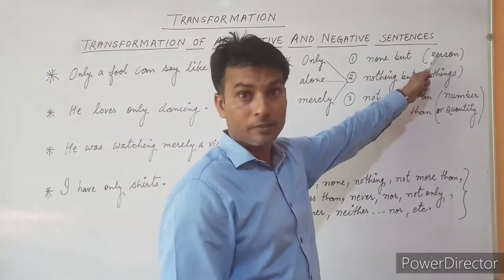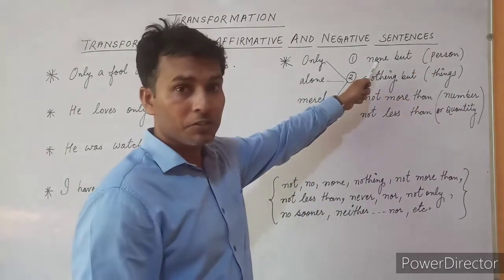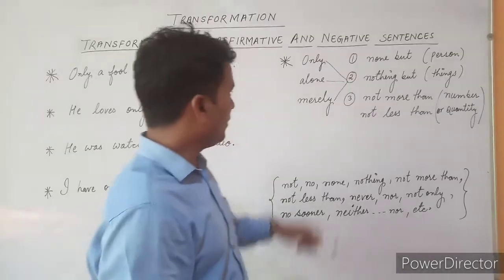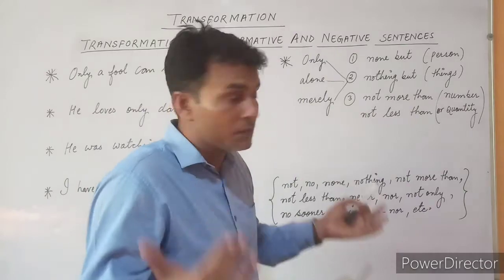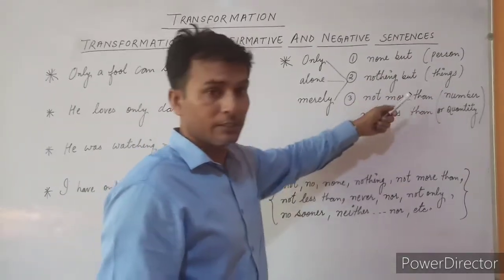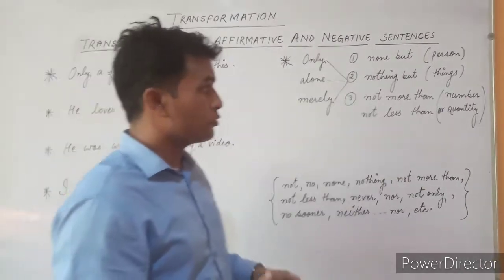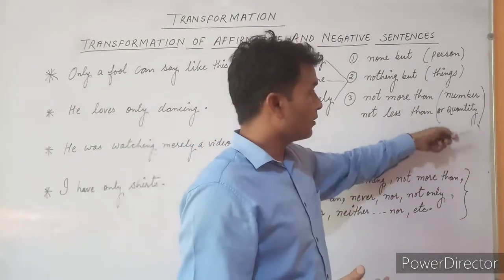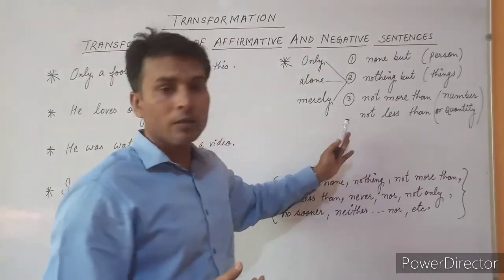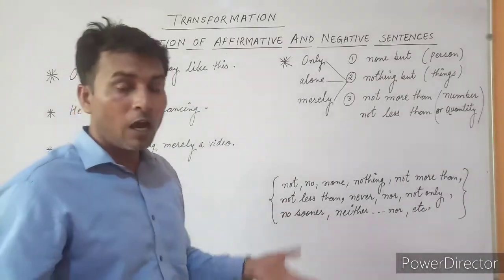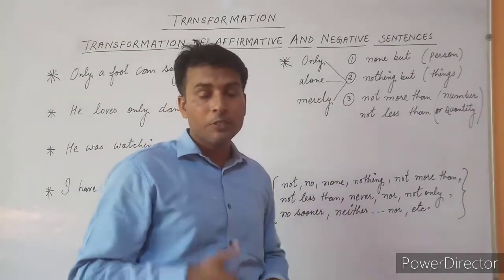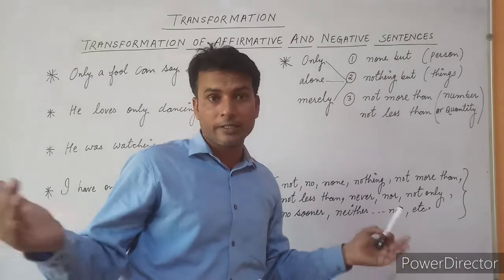Remember, if it is for a person, then we change into none but. If it is for a thing, then we change it into nothing but. And if it is for a number or quantity, then we change it into not more than or not less than. So let's see how we change these words only, alone, merely into negative sentences without altering their meanings.